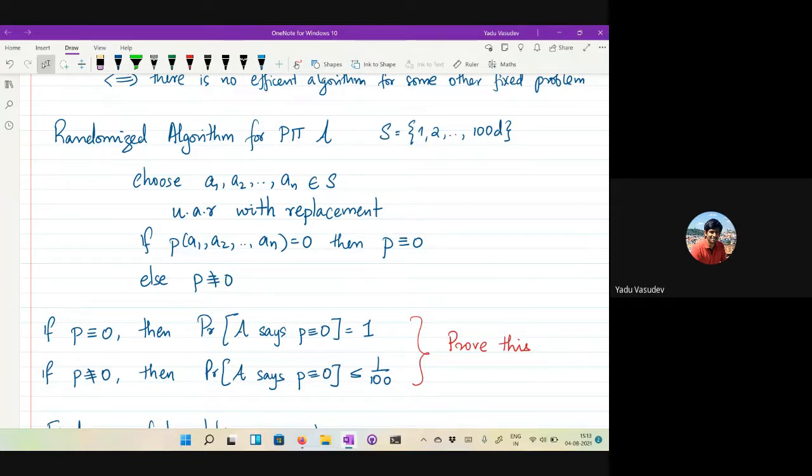At every step, its next step depends on the random choices it makes as well as the current state of the algorithm. Therefore, there are variables in this algorithm that depend on the random choices that you make.